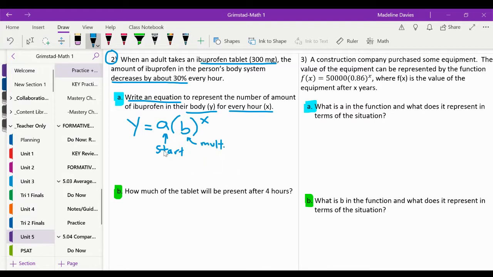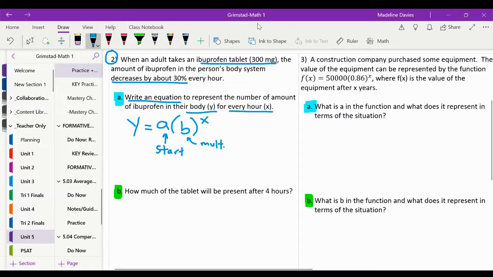So when I'm looking at this, I need to figure out what my A and what my B are. So looking back up here, what's my starting value? If you can, pause this video and look back up at the word problem, try to guess what the starting value is.